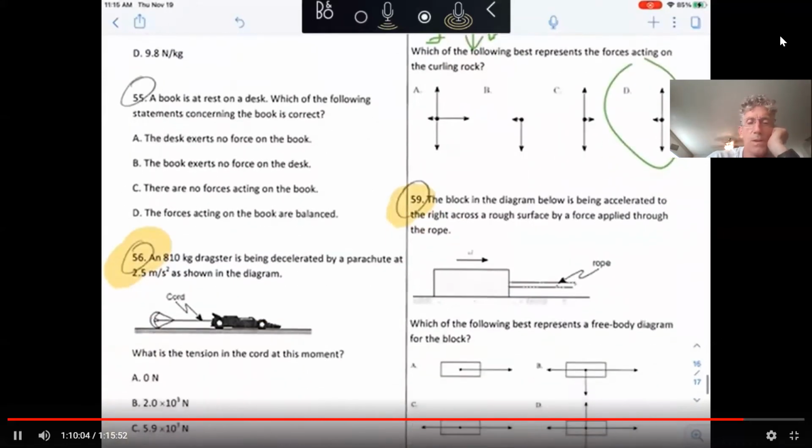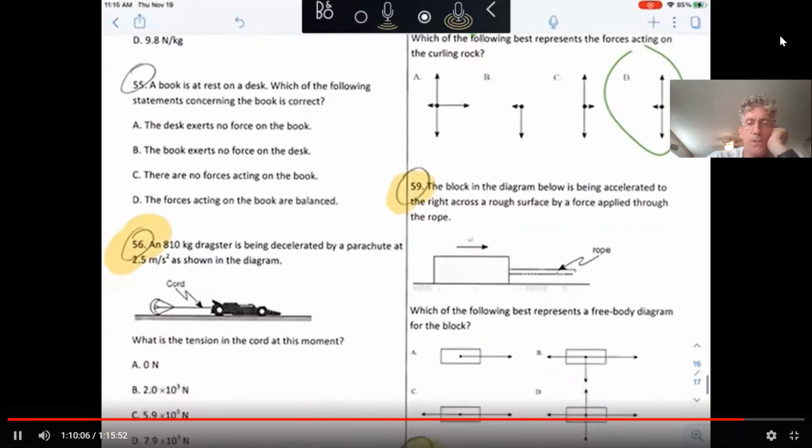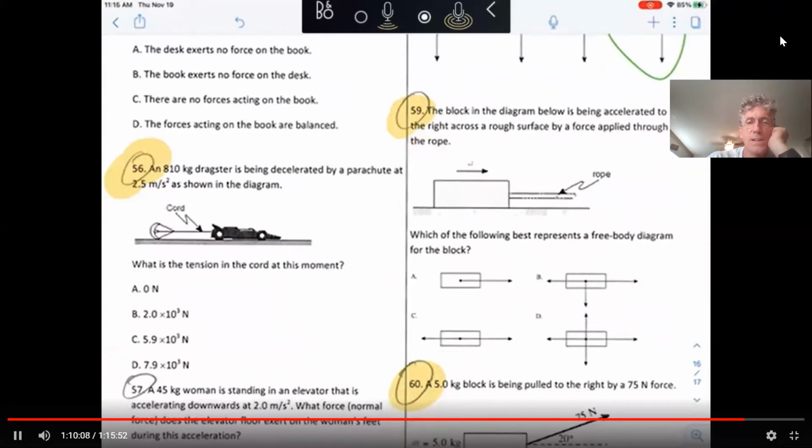Okay, let's look at number 59, I think. Which one did I do first? I guess I did 56 first.